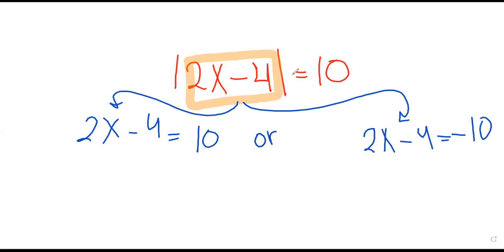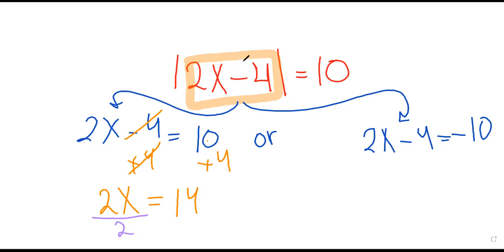And I will solve each equation. Here, first I'll add 4 to both sides. So I'm left with 2x is equal to 10 plus 4, which is 14. Now, to isolate x, all you have to do is divide both sides by 2. So x is equal to 7. The same thing I will do with the second equation.